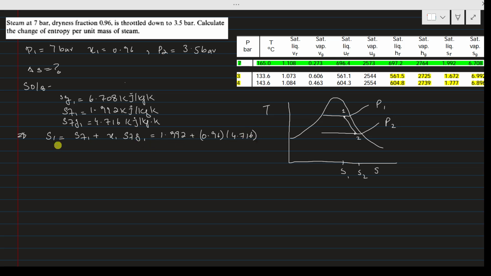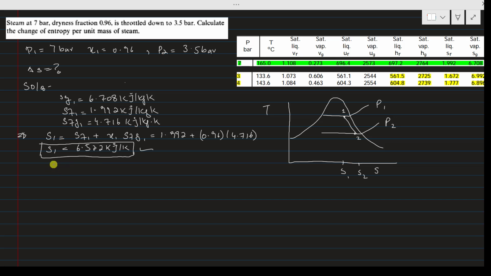After simplification, you will get S1 equal to 6.522 kilojoule per kg Kelvin. This is our first requirement, which we have successfully found, that is S1.